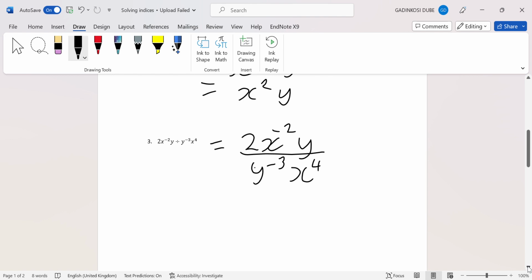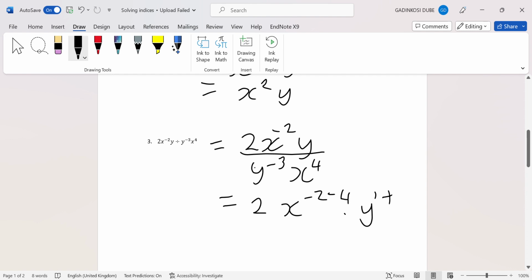You can just leave the 2, and then you're going to have all multiplied by x to the power minus 2 minus 4, all multiplied by y to the power 1 minus minus 3.